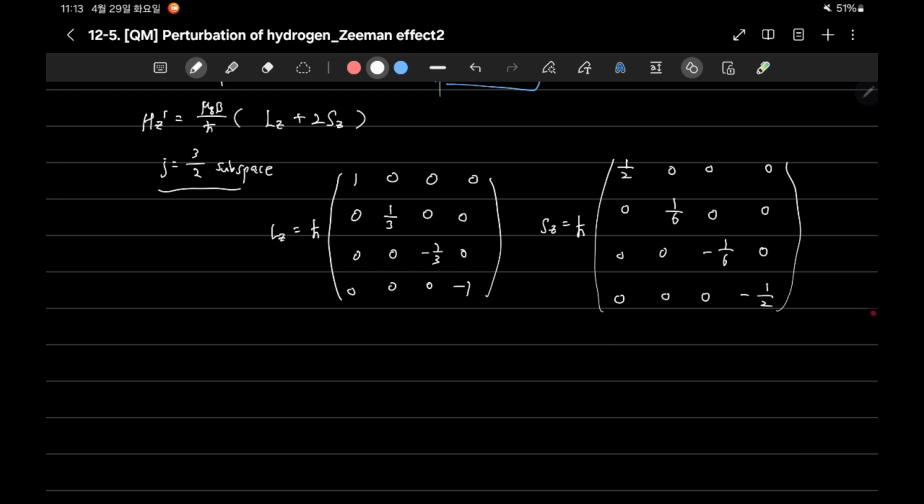Then in this matrix the h bar cancel with each other.